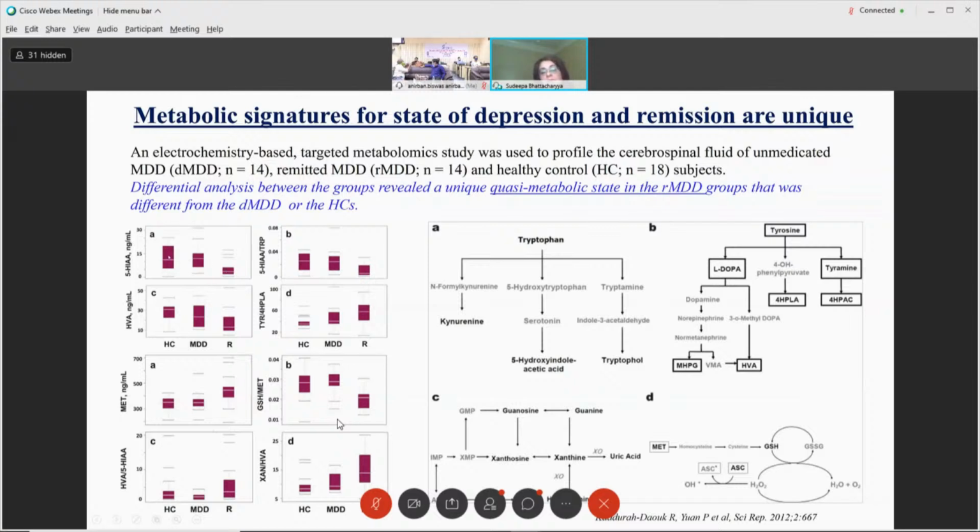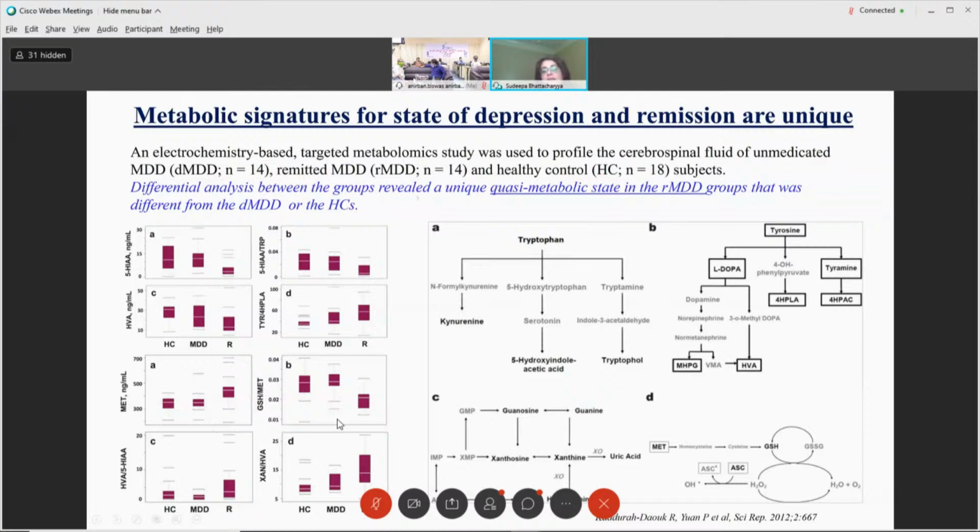The first box plot represents the healthy controls. The second one represents the depressed patients. And the third one represents the remitted patients, patients who had the disease but are now remitted. So you can see that the remitters were not similar to either the depressed or the healthy controls.